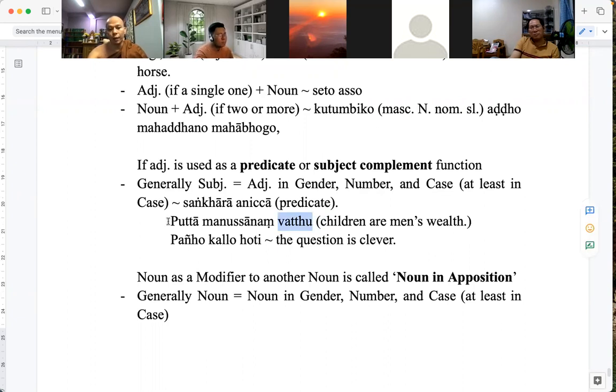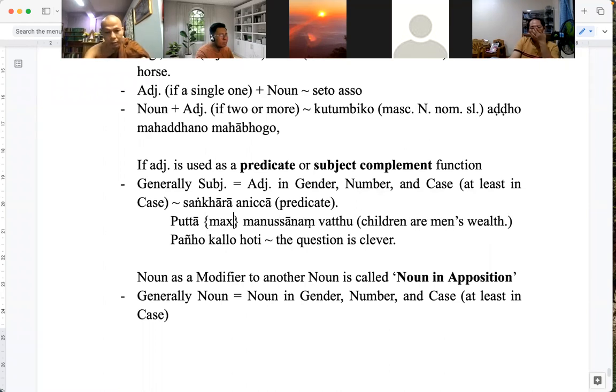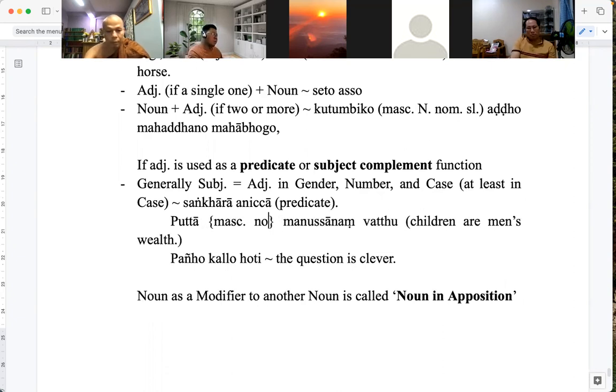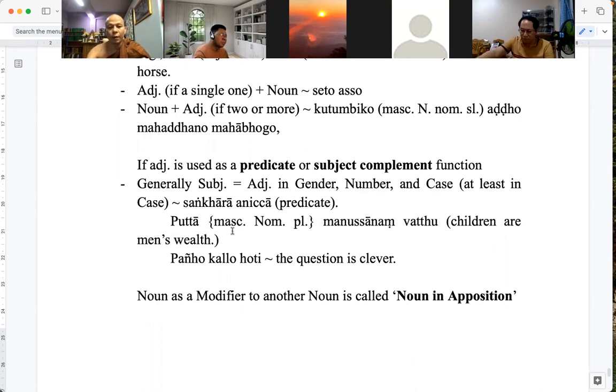But Buddha is nominative case, plural. So Buddha is actually masculine, nominative, plural. Okay.